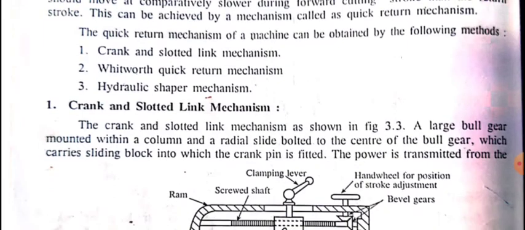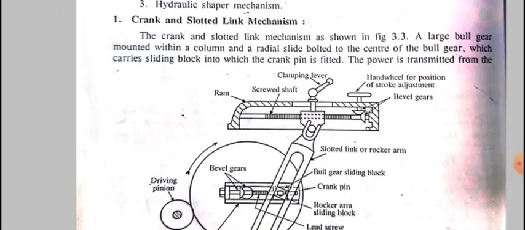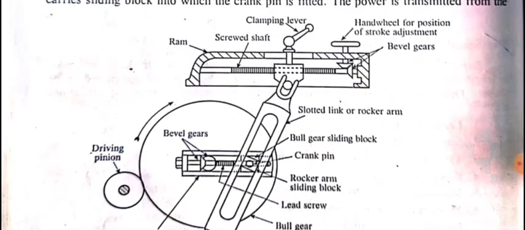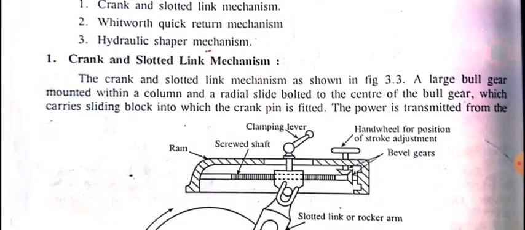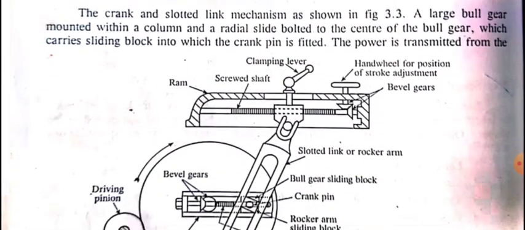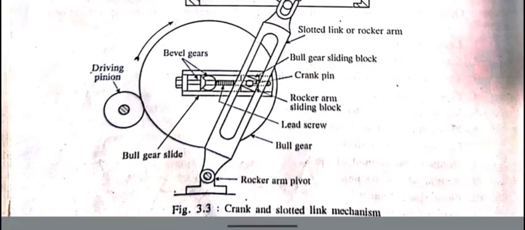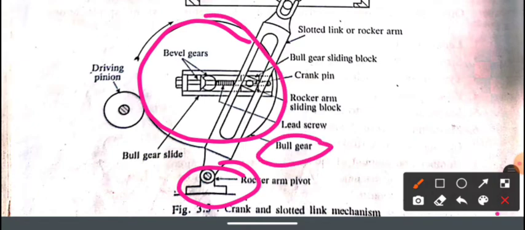So we'll discuss the crank and slotted link mechanism. It's one of the very important questions. They ask this for 7 marks. As the name suggests, crank and slotted. Here you can see, from below I will explain the parts first. It consists of the rocker arm pivot, then a big wheel called the bull gear, and the small gear is called the driving pinion.